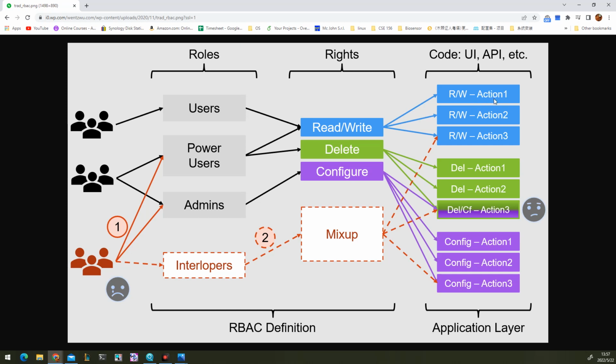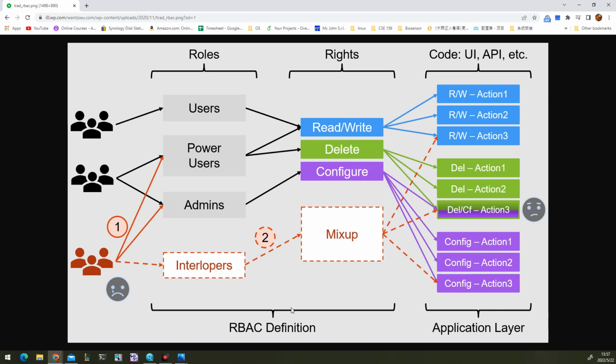So what actions they can use, like the blue one can read and write, and the green one can delete the file, and another can do the configuration or delete. You can see the blue one can configure this application layer.